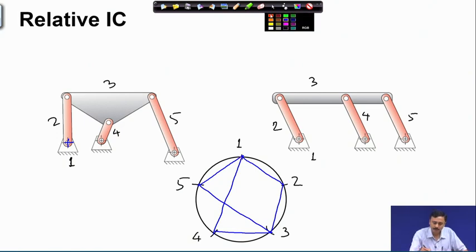Suppose I want to find out what is I13. Now, there are two sets of independent paths, as you can see.